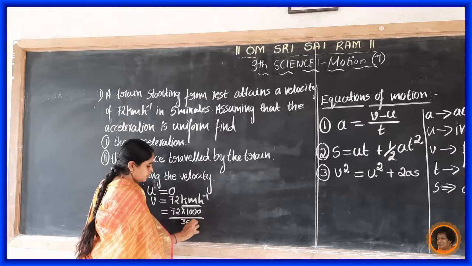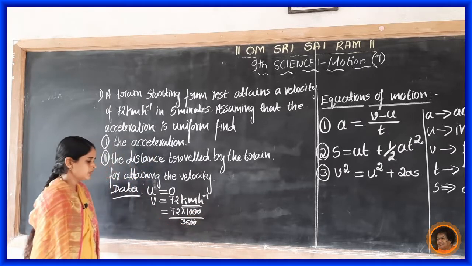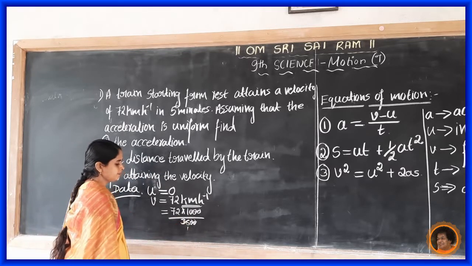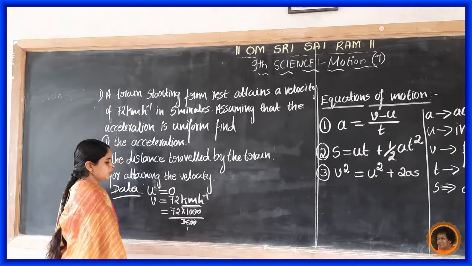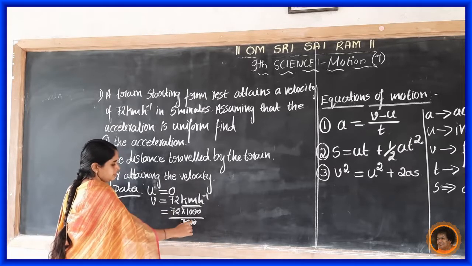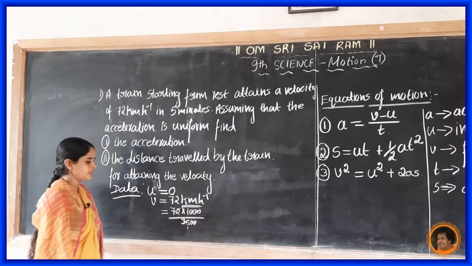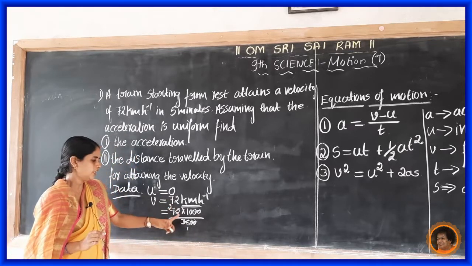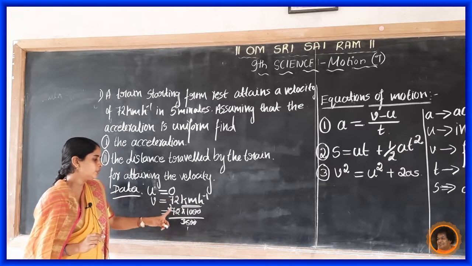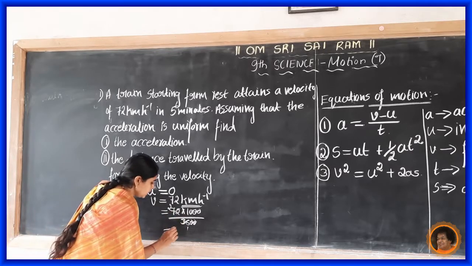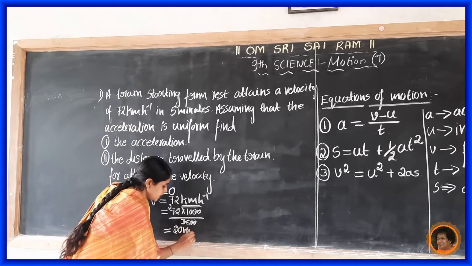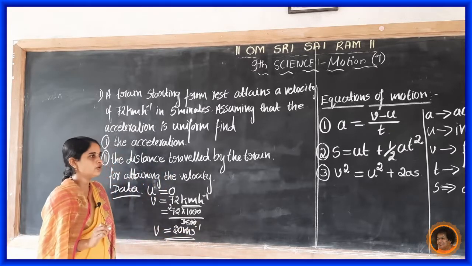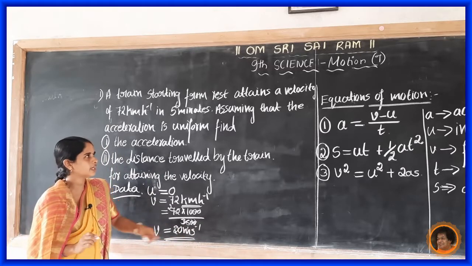Here 20 cancels, and we get v equals 20 meter per second. Final velocity value is 20 meter per second.